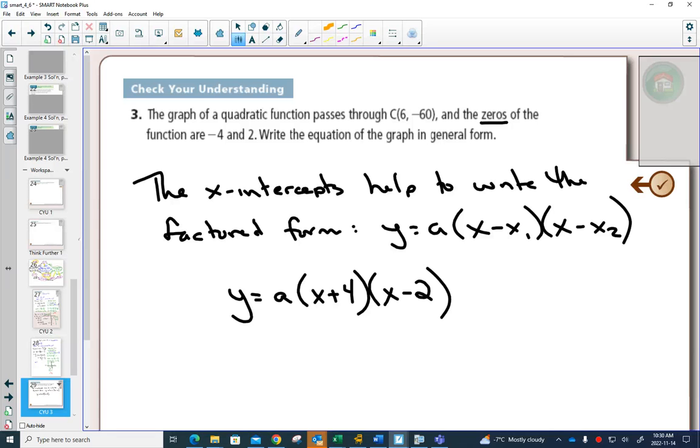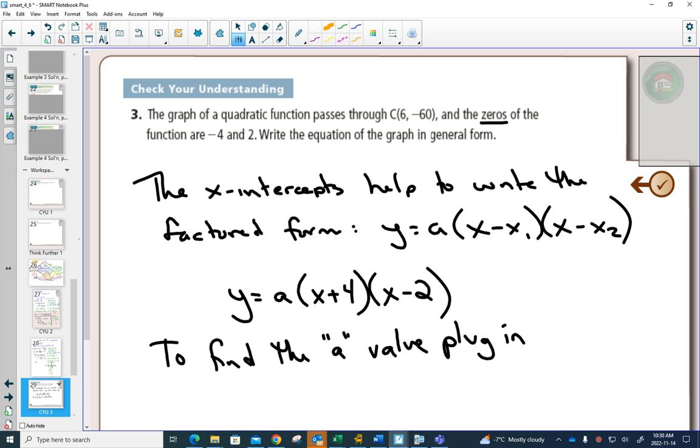So we're very close, but we don't know, right? If we knew the a value, we would have the factored form completely. So how do we find our a value? And we've done this before.